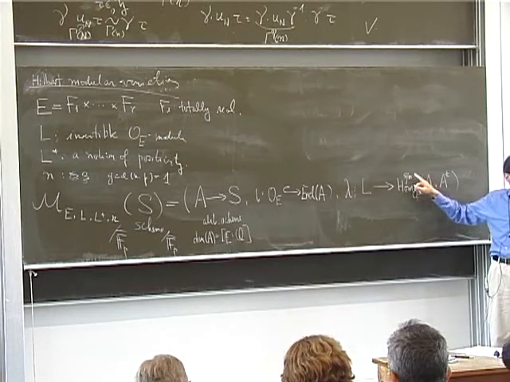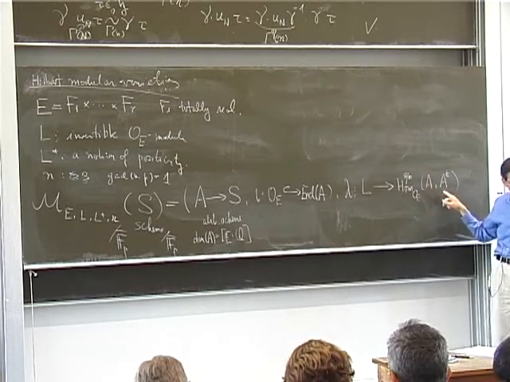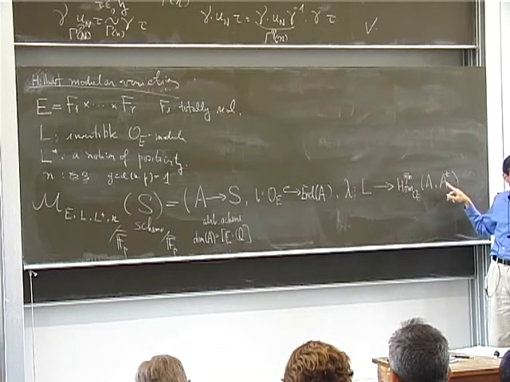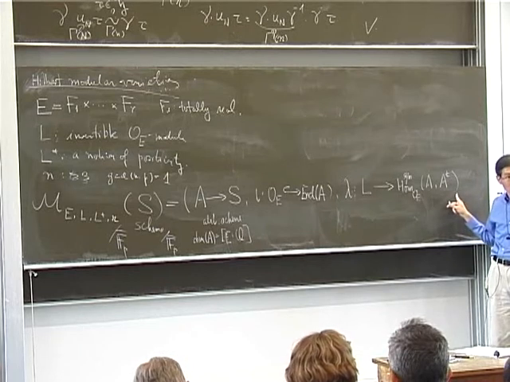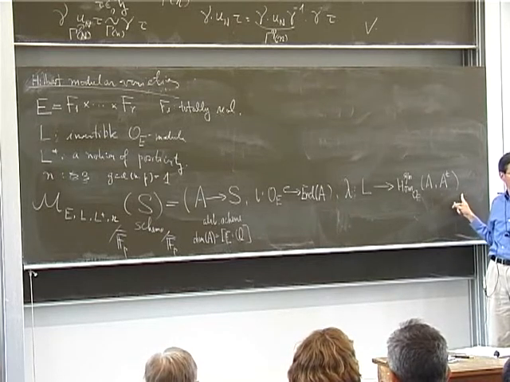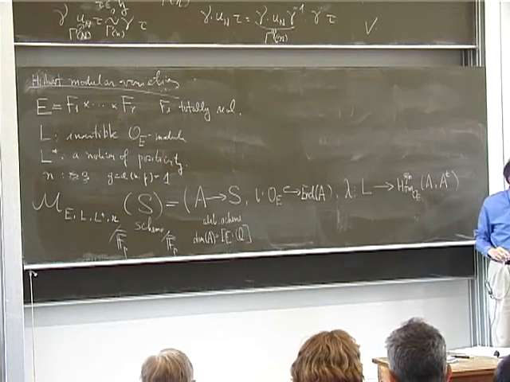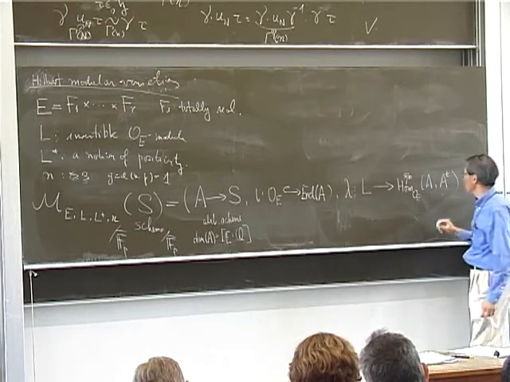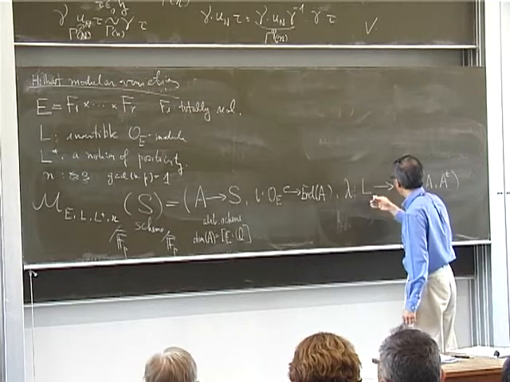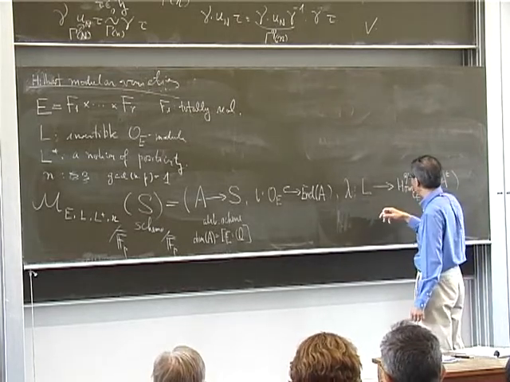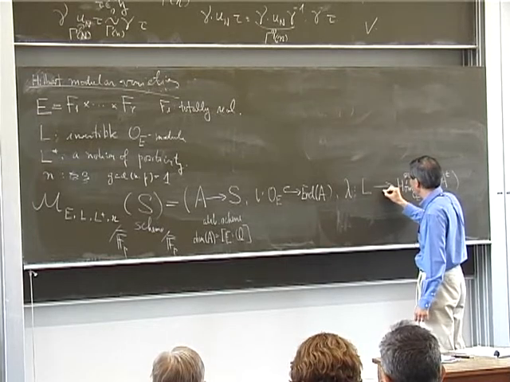Symmetric means the following. If you have a homomorphism from A to its dual, then taking the dual, you get another homomorphism from A to its dual. To say that it's symmetric means that it's the same; you get back the original one. Okay? And you want such a map, which again is O_E linear.